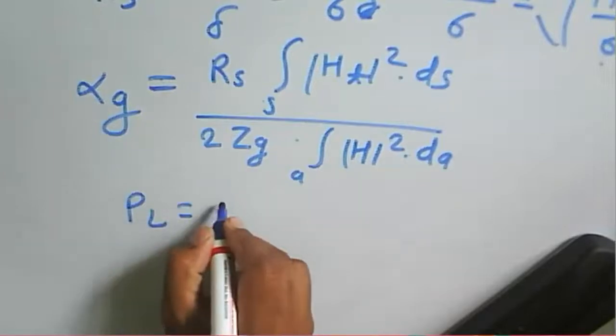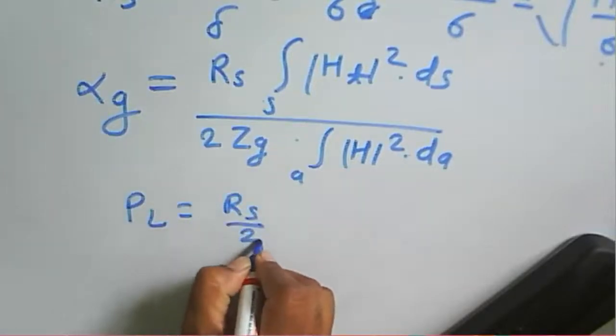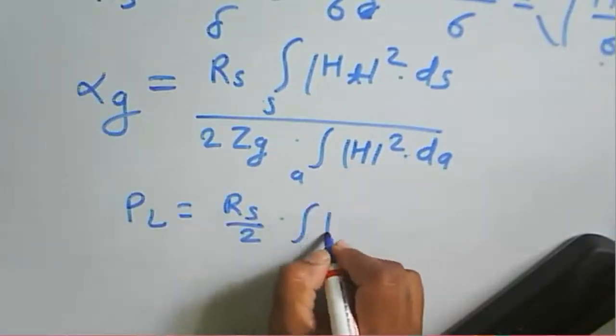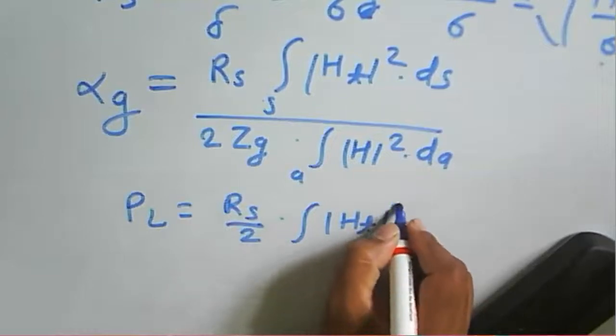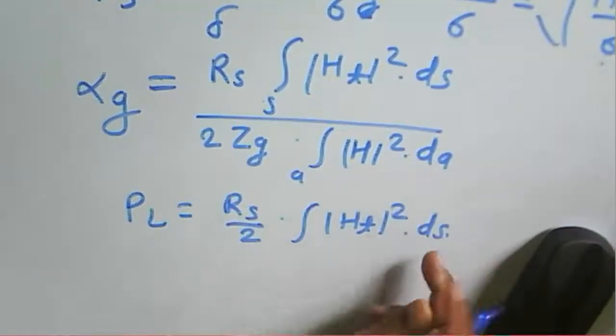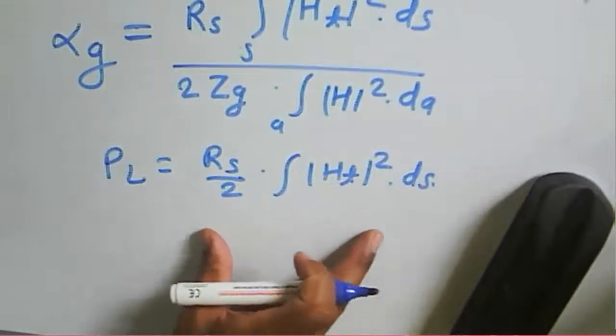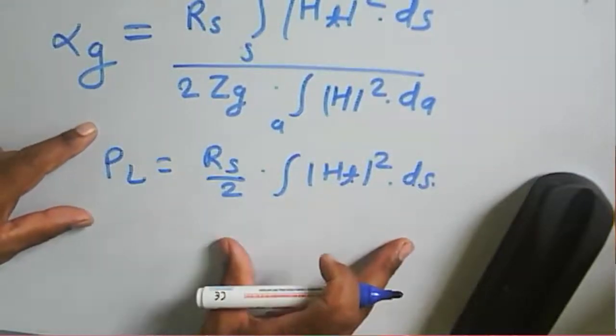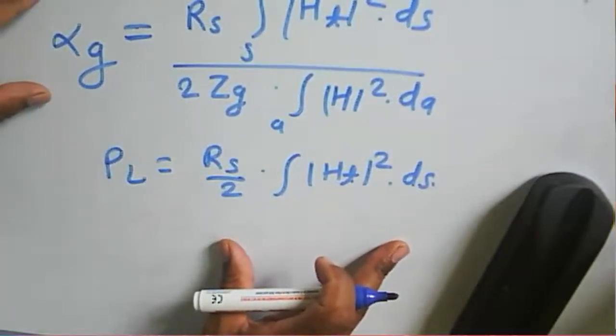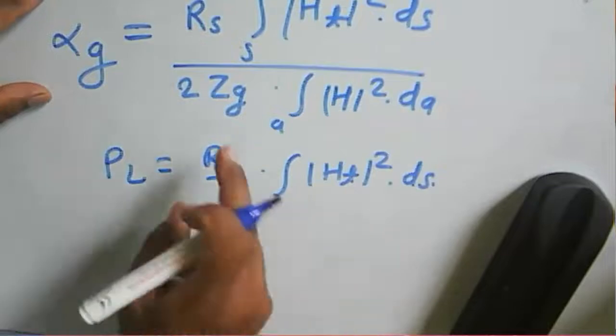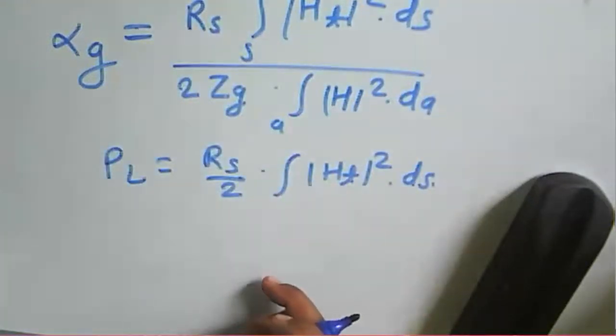So power loss is equal to what? Rs by 2 into the power loss for this given tangential component. So the loss with respect to the tangential component gives us the attenuation with respect to the surface.